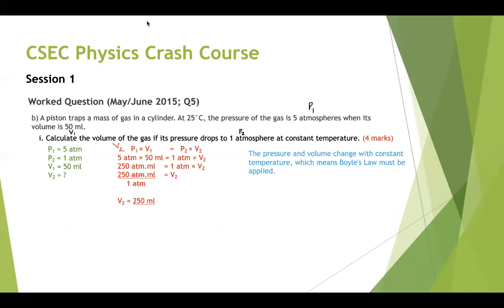Okay, miss. All right. Now, of course, you can always transpose the equation before you plug the values in. If it's easier for you to do it that way, then no problem. You could say V2 is equal to P1 times V1 divided by P2, and then you plug in the values afterwards, you get the same thing.